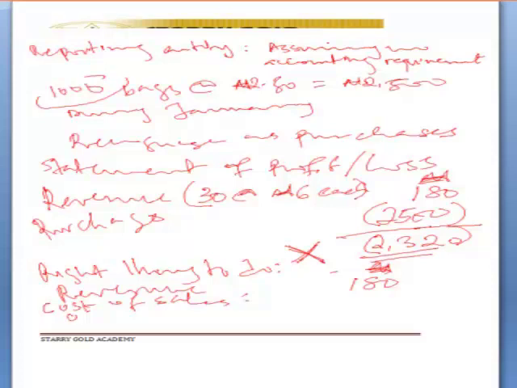We have opening inventory, assuming he brought forward some stock from the previous accounting period. Then he needs to add that stock to what he bought in the current period. He bought 2,500 naira worth of school bags in the current period, which gives us 2,500 plus the opening inventory.